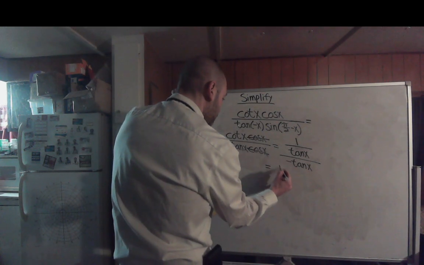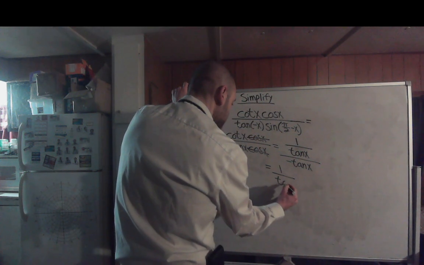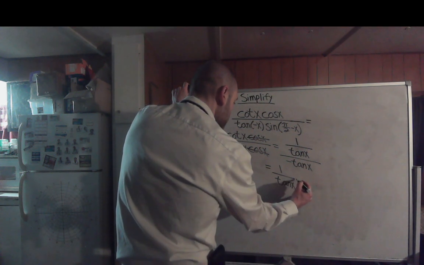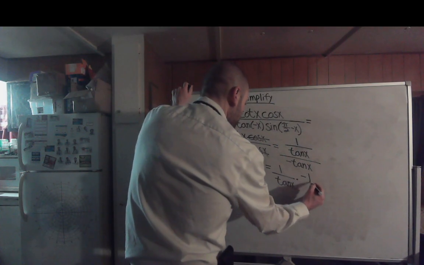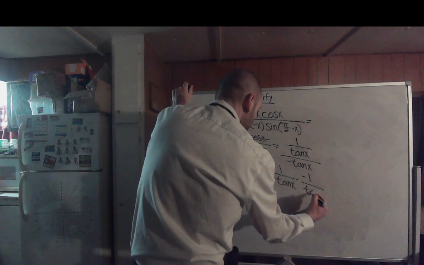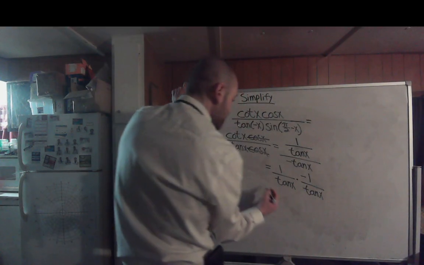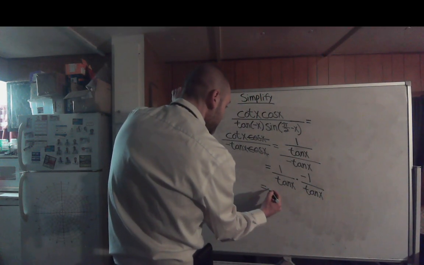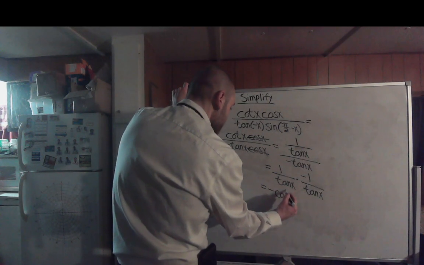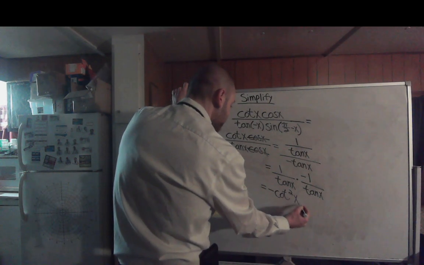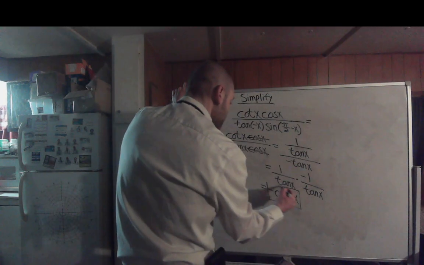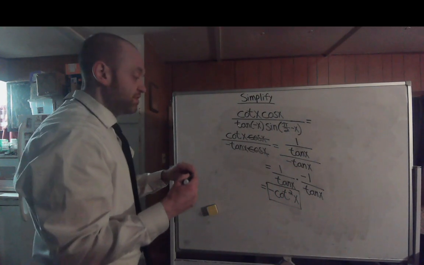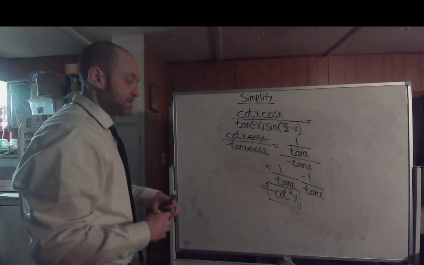This will be 1 over the tangent of x times negative 1 over the tangent of x. This would just turn into negative of the cotangent squared of x. So this will simplify into negative of the cotangent squared of x.